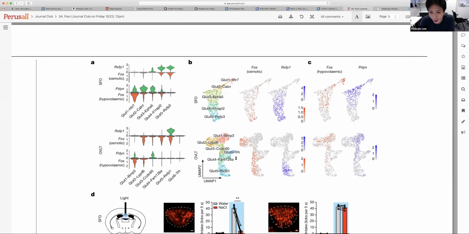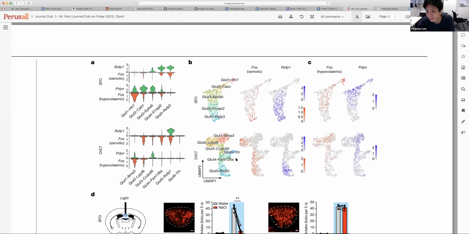Is anyone Googling RXFP1? I think it's a relaxin insulin-like family peptide 1 receptor. What the heck is that? Right? So for those genes, relaxin is a protein hormone. And it's basically critical in the reproductive process, sperm motility, pregnancy, parturition.